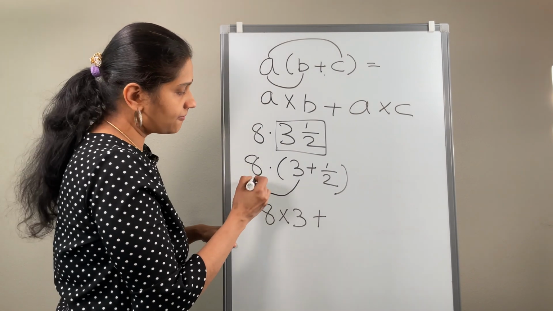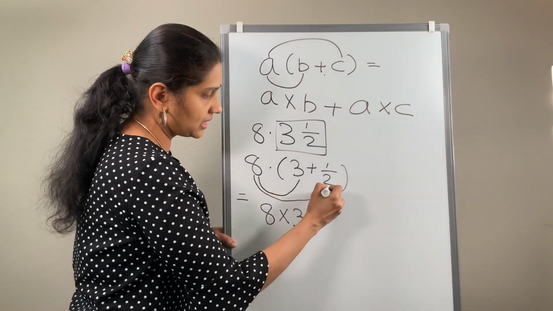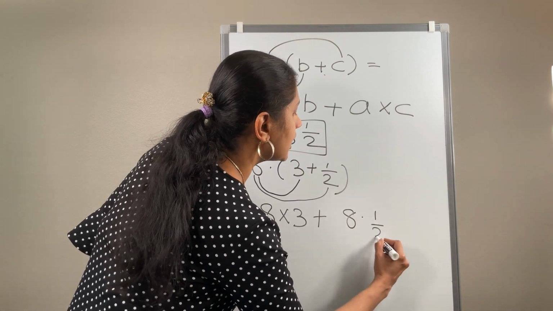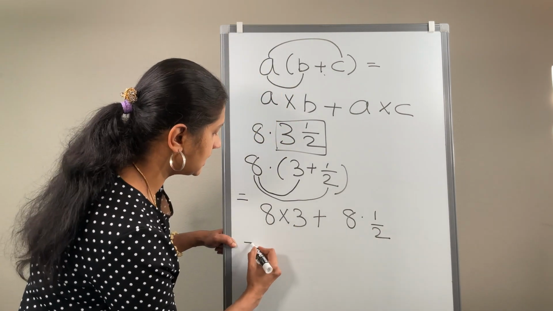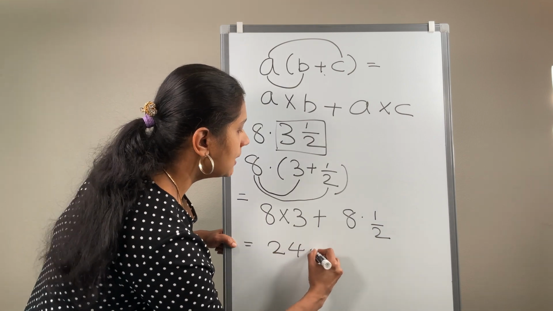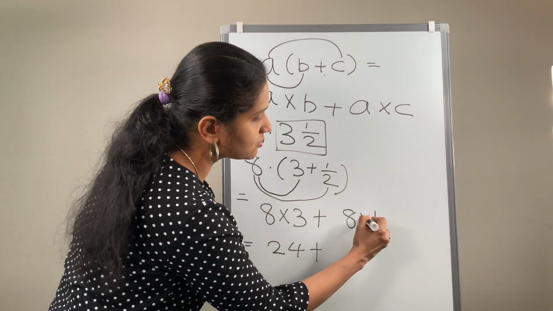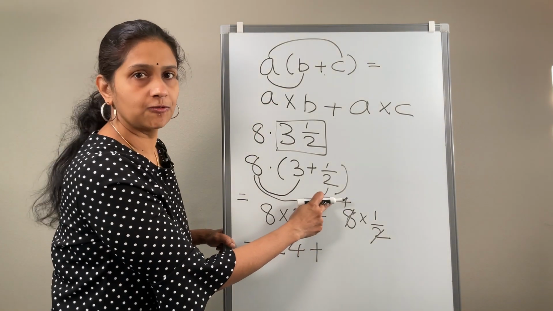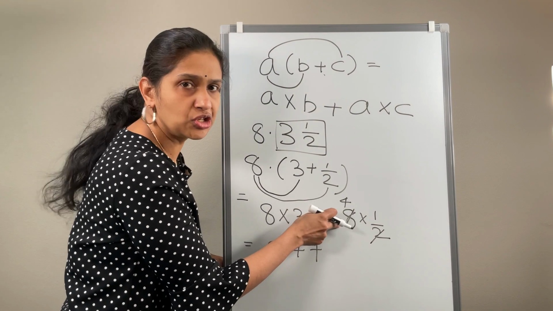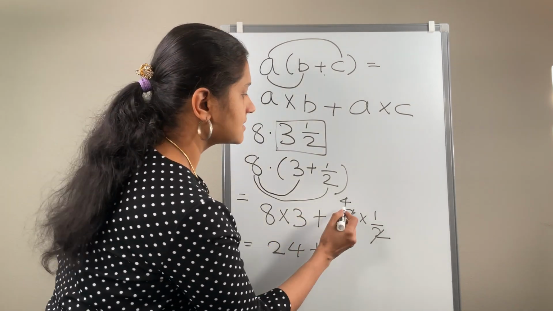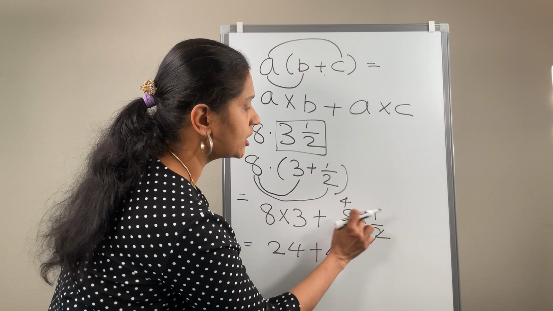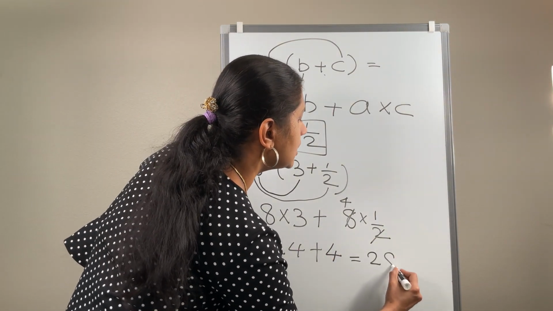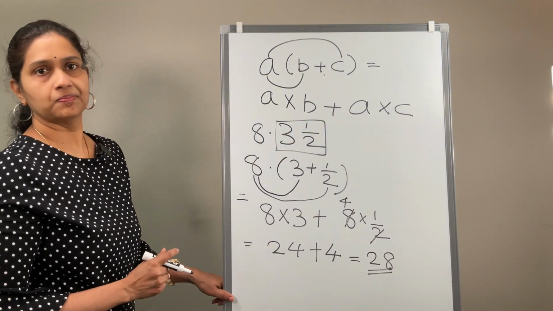Again multiply the number outside the parenthesis with the second term, so it will be 8 times 1/2. What is 8 times 3? 8 3s are 24, plus 8 times 1/2. So you can just cancel this 2 and replace the 8 with 4, because 2 times 4 is equal to 8. What about 4 times 1? It is going to be equal to 4. So 24 plus 4 is going to be equal to 28.